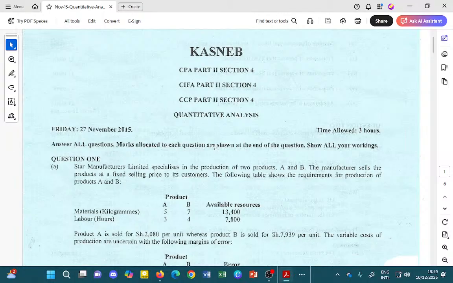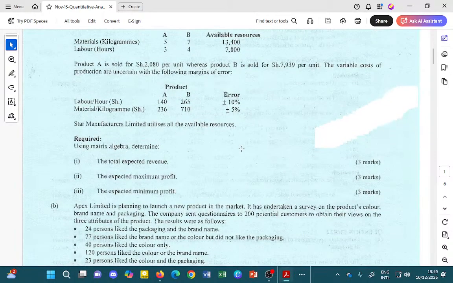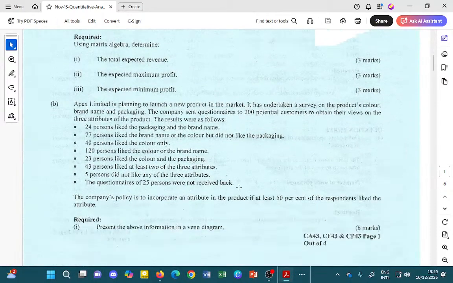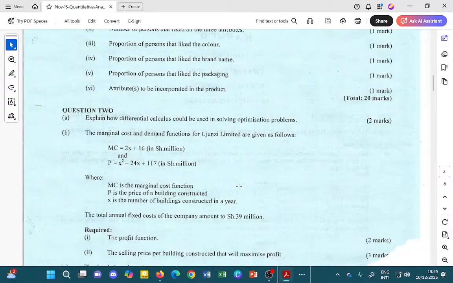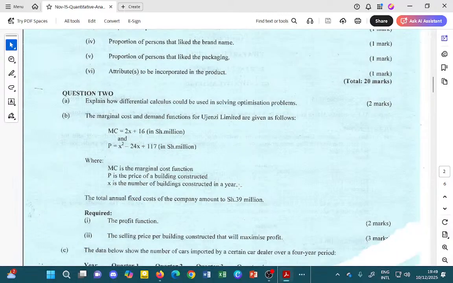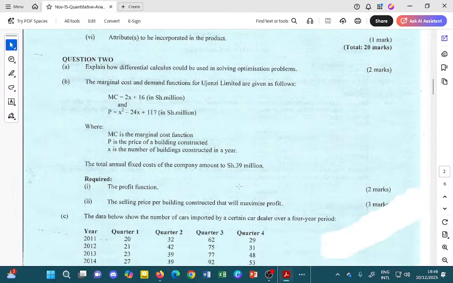And today, my question of choice is that on profit maximization. So that should be question 2. In question 2, we are asked to explain how differential calculus could be used.